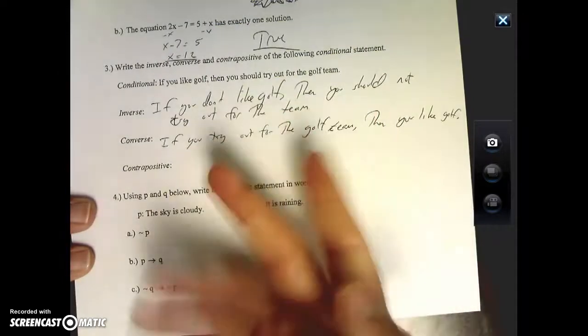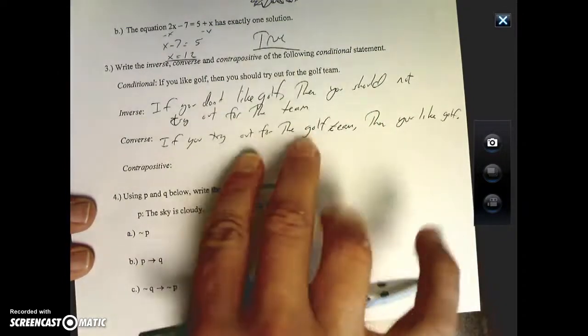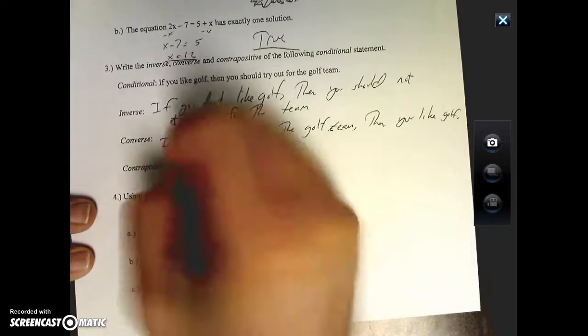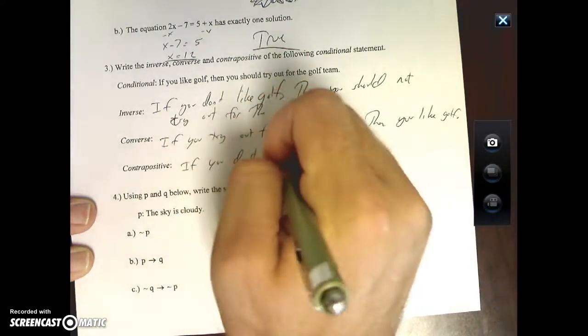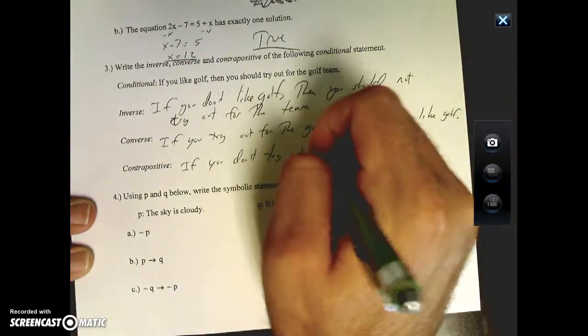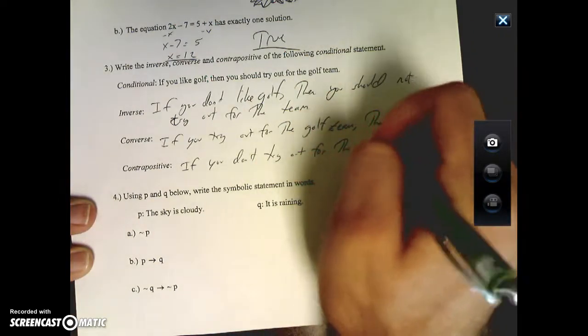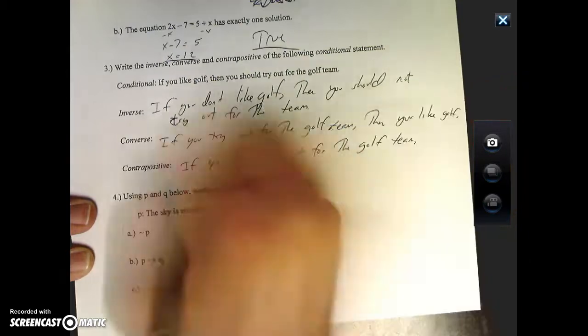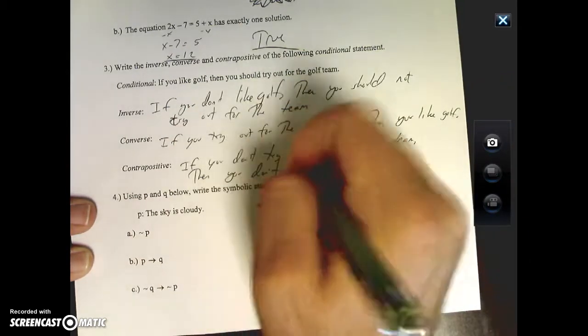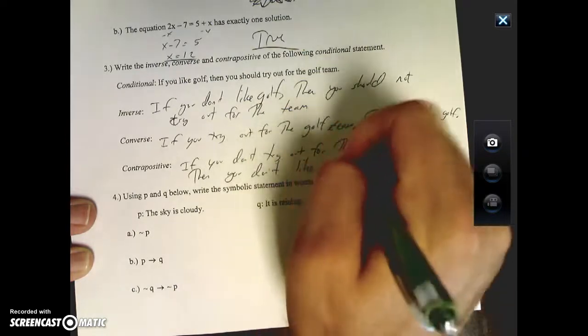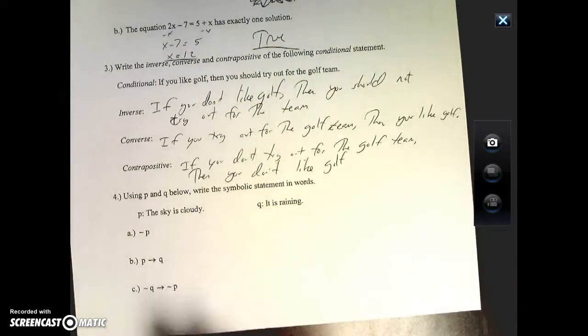Contrapositive, you flip and negate. So, we're looking at the converse. We're going to negate this statement. If you don't try out for the golf team, then you don't like golf. Okay? Cool.